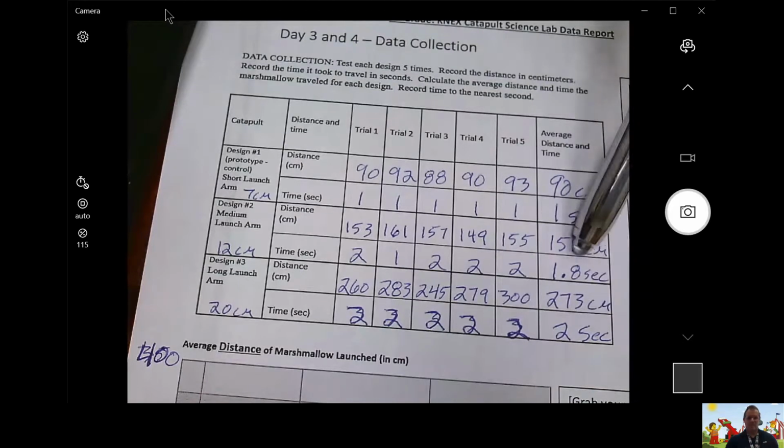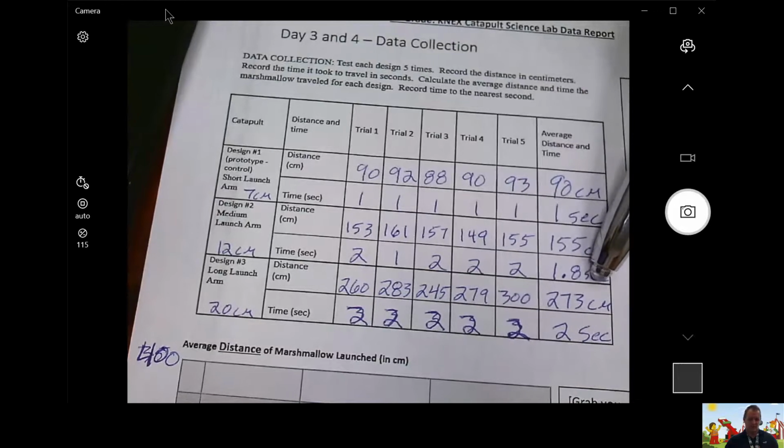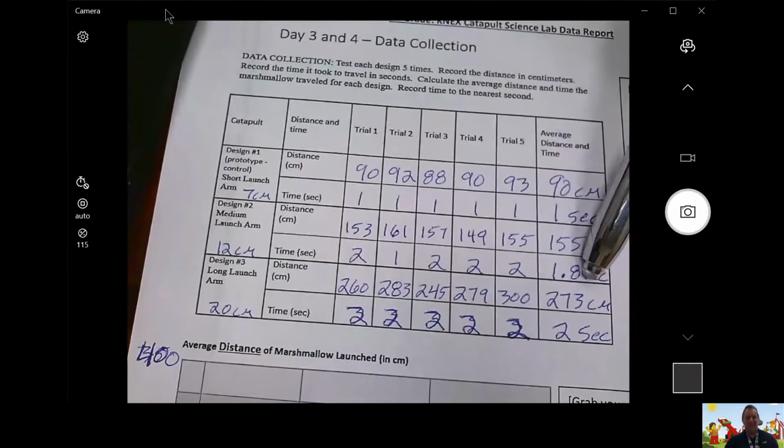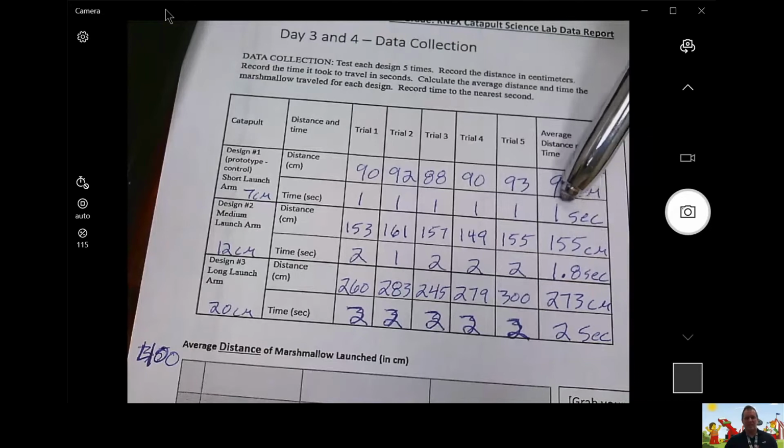So let me go up to here, which is almost 2 seconds. I'm going to do the same thing. I'm going to take 155 divided by 1.8, 86 centimeters per second. Okay, well, 90, this is 90 centimeters per second.